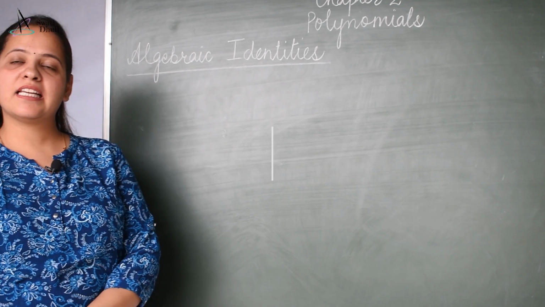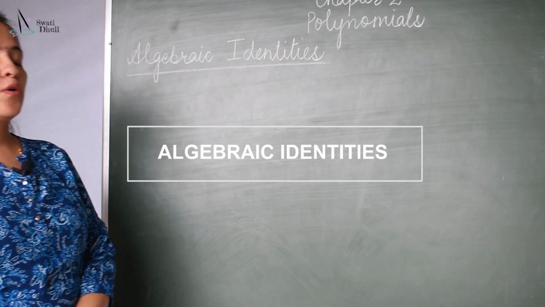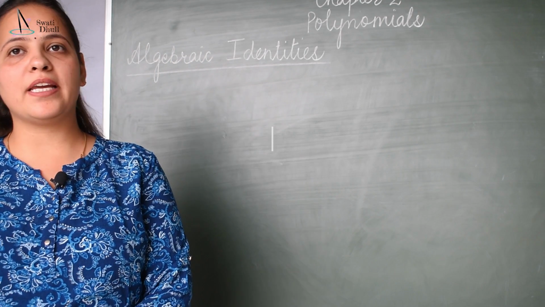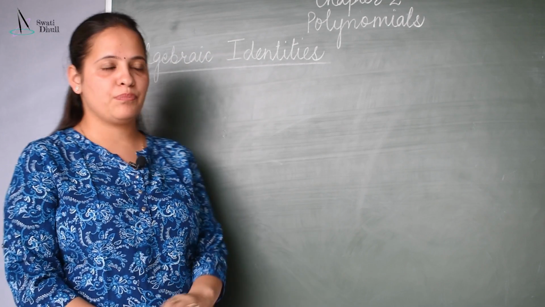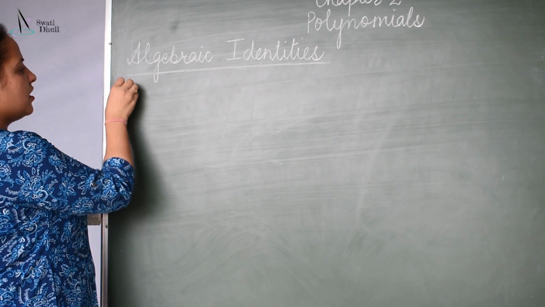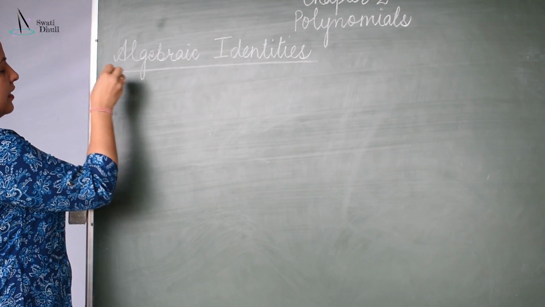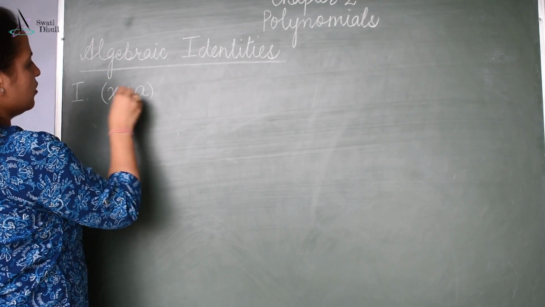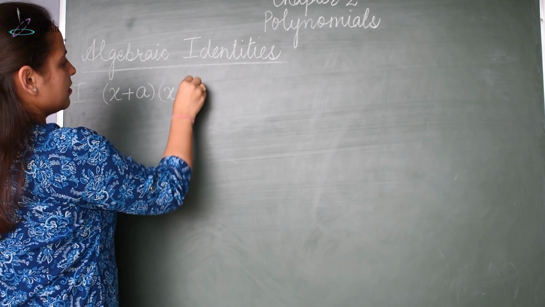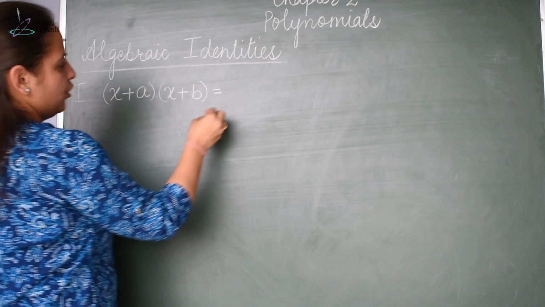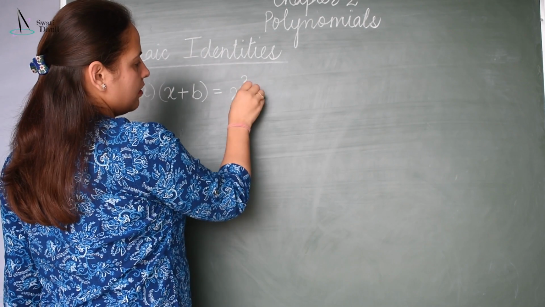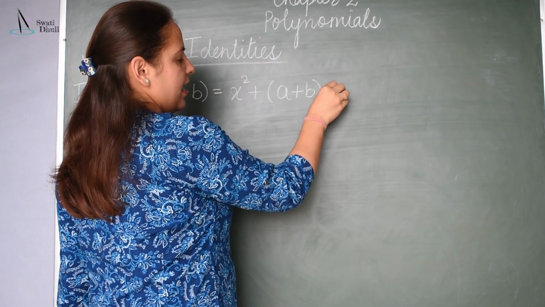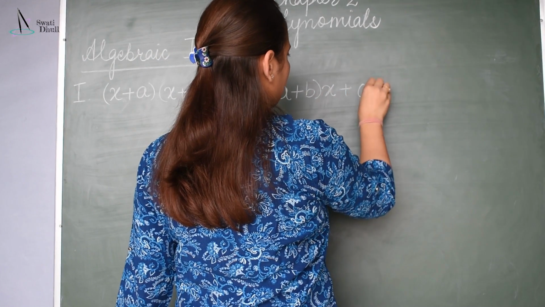Algebraic identities in polynomials. We are going to discuss them one by one, and I'm going to give you an example for each identity. Let's say your first identity is (x + a)(x + b) = x² + (a + b)x + ab.